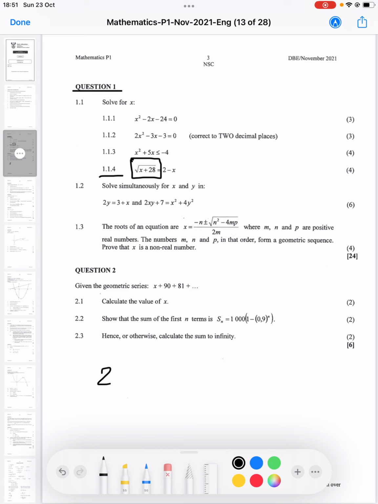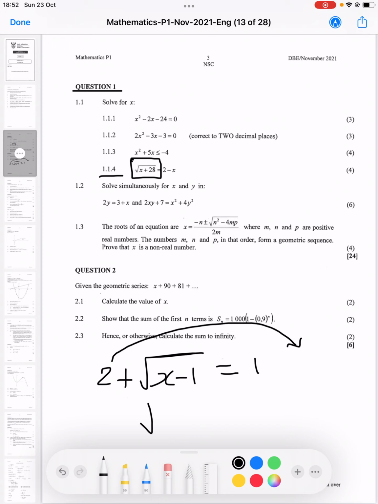If you have 2, let's say, plus square root of x minus 1, this is equal to maybe 1. What do I mean by isolating? You want to take everything to the other side until you remain with the square root, and this is equal to whatever you have on this side, which is going to be minus 2, and then you remain with square root of that, and here it's minus 1. That's what you want to do every time you're given this type of maths problem.